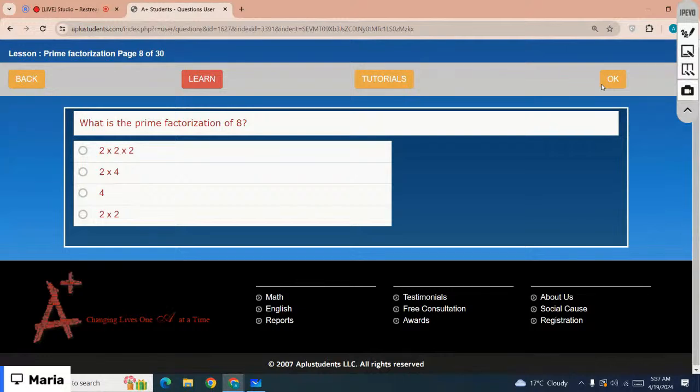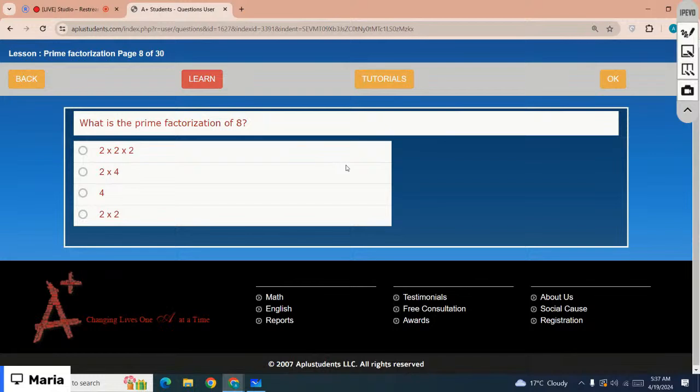What is the prime factorization of 8? Very good.